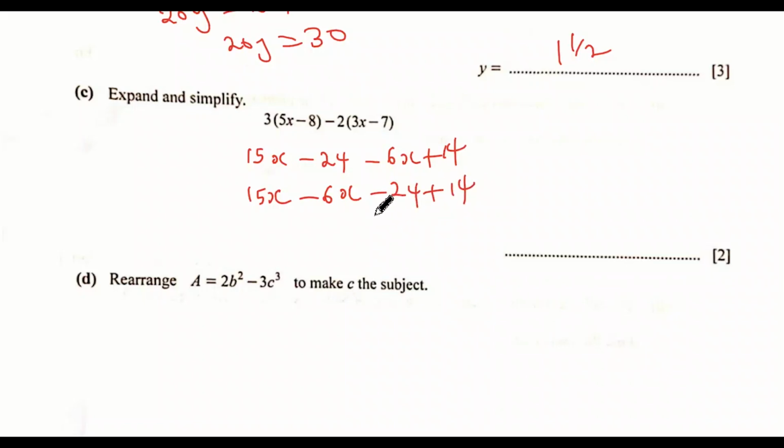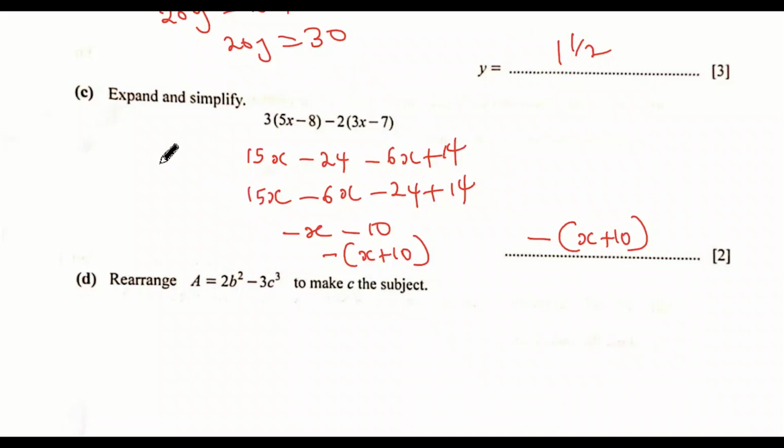If you do this, we are going to have 9x, then minus 24 plus 14, that will give you minus 10. So that means we have 9x minus 10. So that will be the simplification.